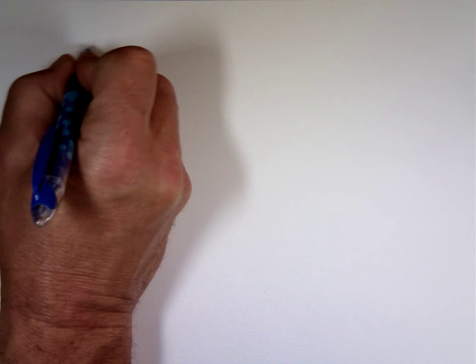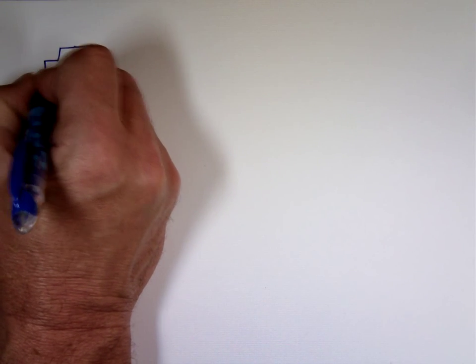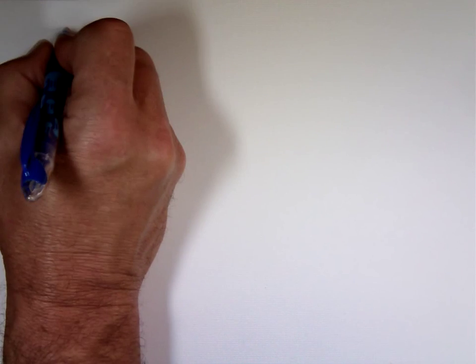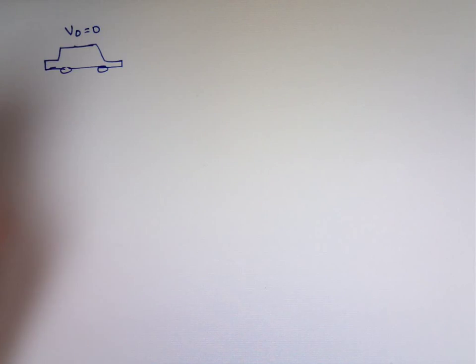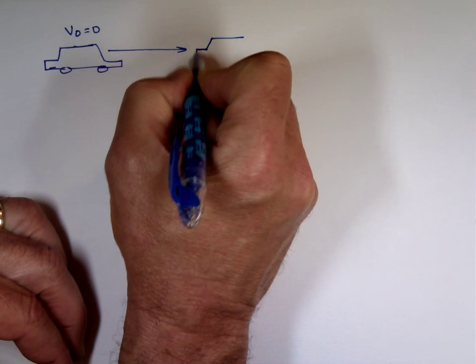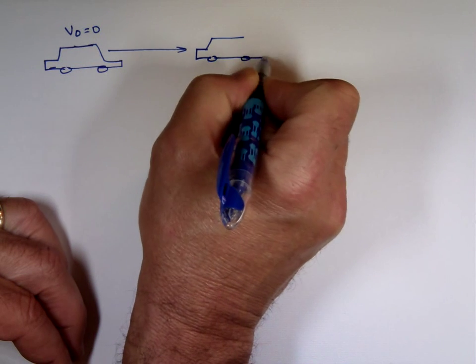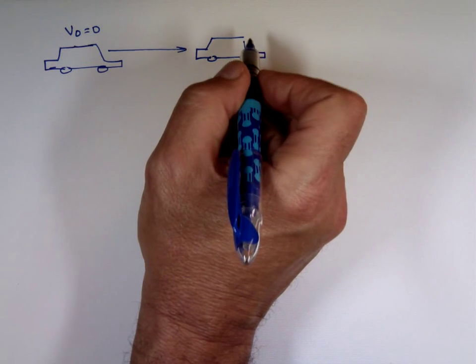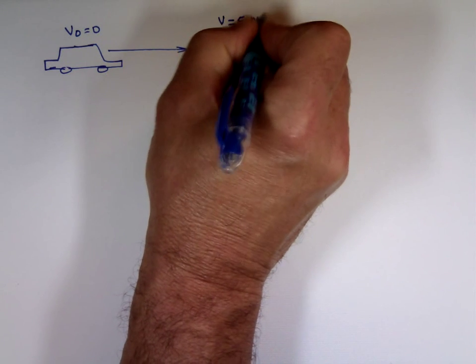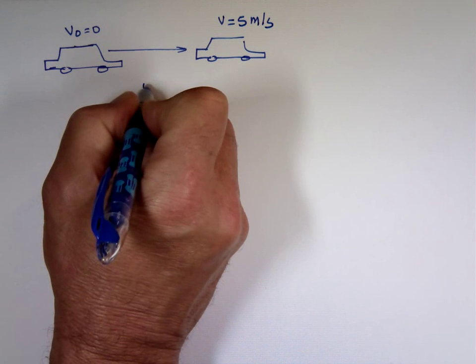So we have a car, initial velocity equals 0, at rest, accelerate that to a speed, go ahead, pick a number. What is it? 5. A speed of 5 meters per second. How much work is required for this? We'll call it W1.